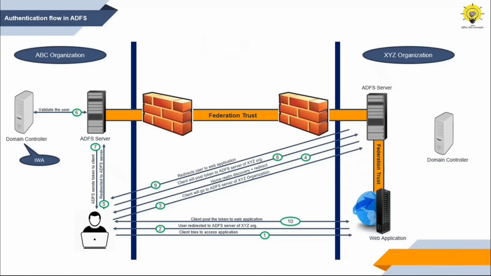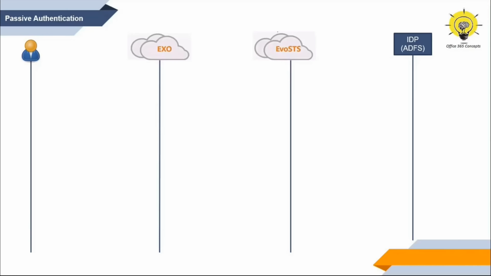Now let's understand what passive authentication in ADFS is and how it works. When a user tries to access a federated web application, that is called passive authentication. And this type of request is handled by the ADFS/LS endpoint. In this example, a user is trying to access outlook.office.com or OWA.